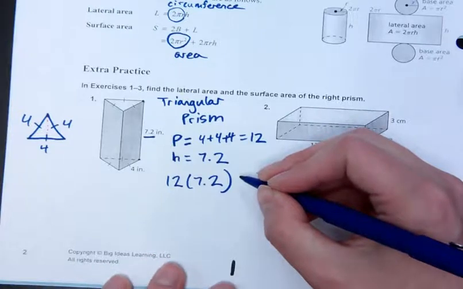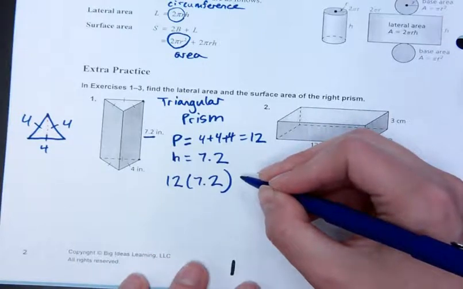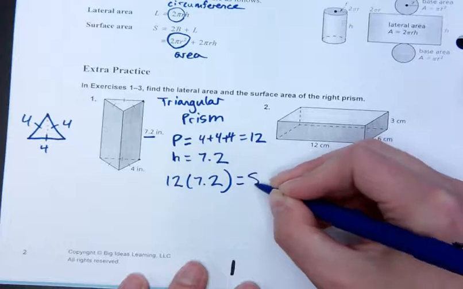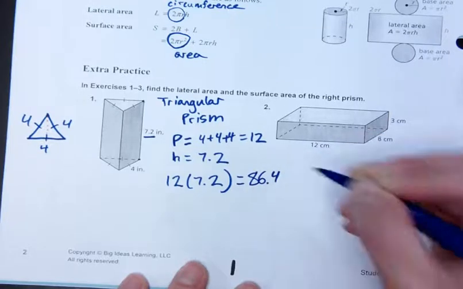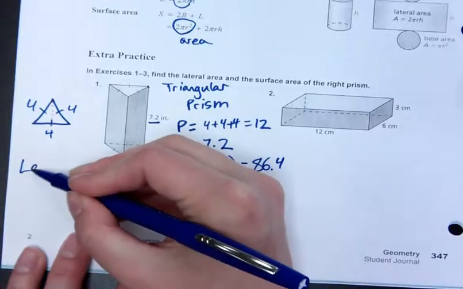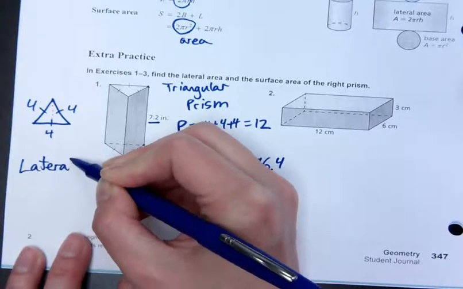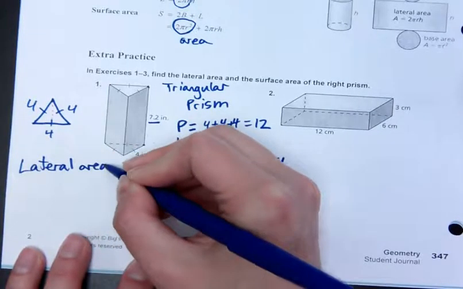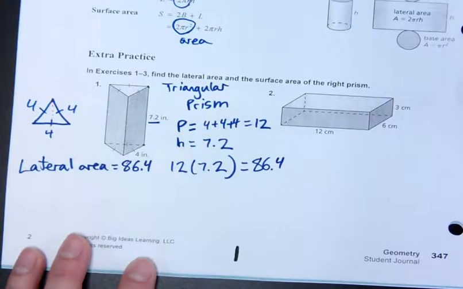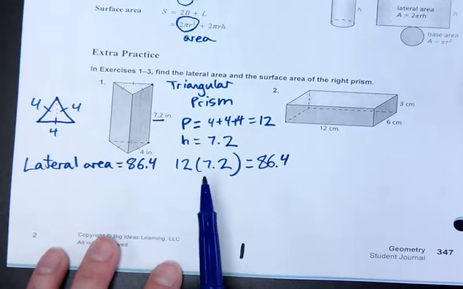Who can tell me what that is? All right, so that comes out to 80.4. So our lateral area. Did I do the math wrong? 12 times 7.2?